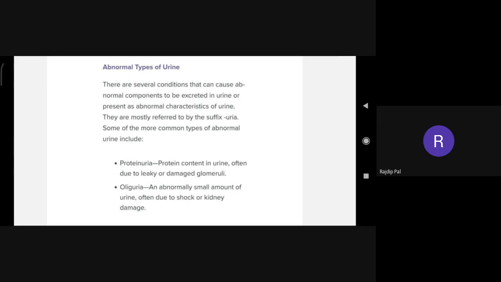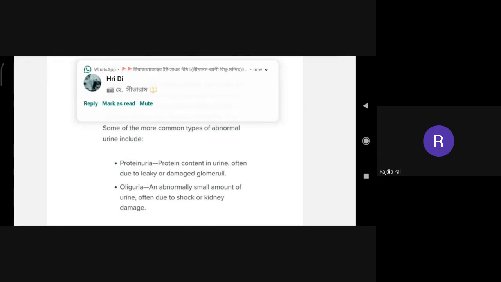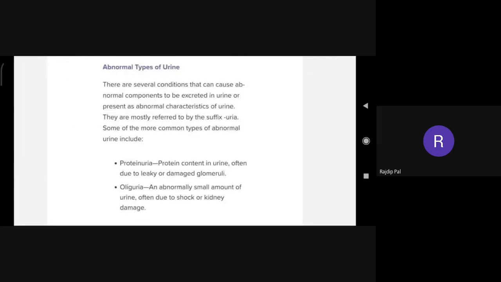Some of the more common types of abnormal urine include proteinuria or oliguria, and some more. Means if any disturbance of urine is diagnosed, then the disease is termed with the suffix uria.